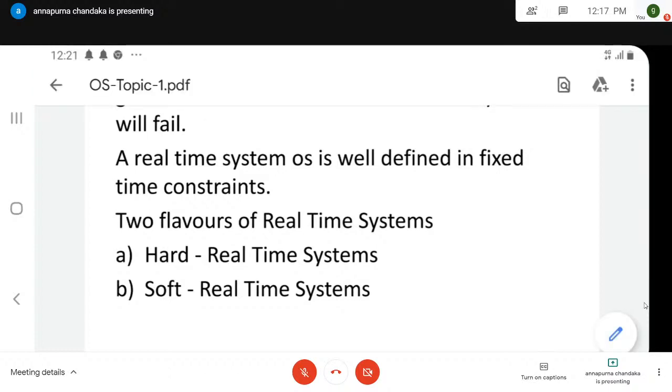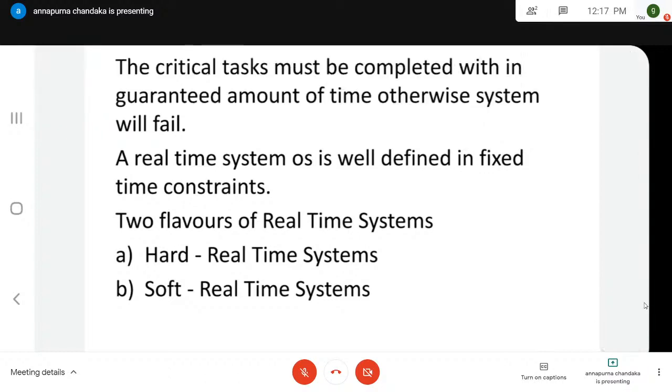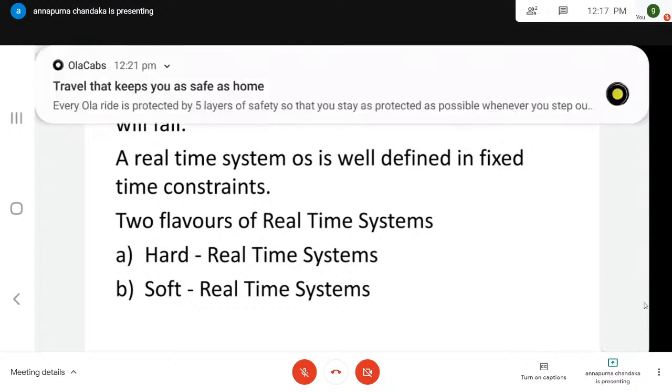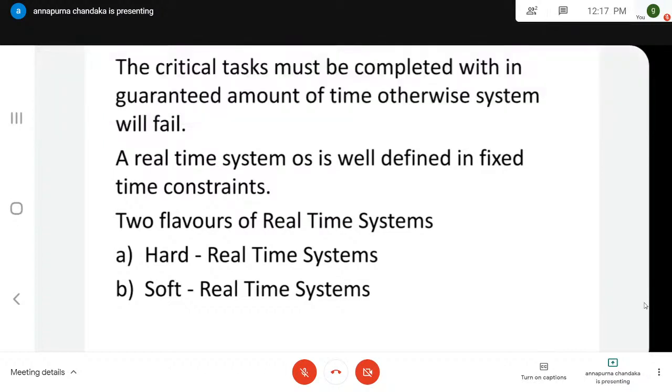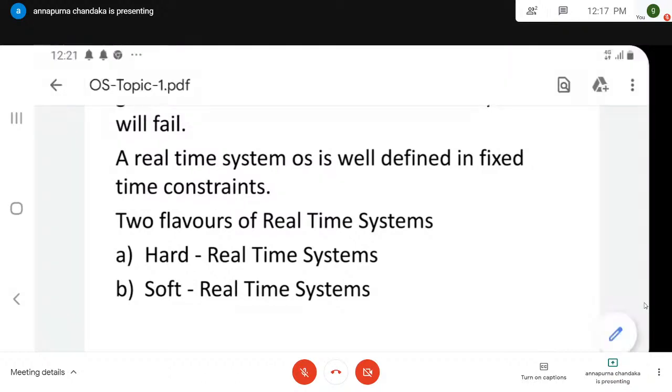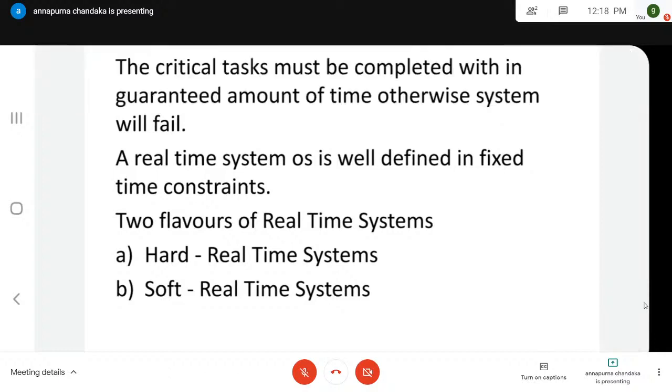Then the CPU will schedule each job in such a way that no job is scheduled after its deadline. This kind of operating system is called a soft real-time system.